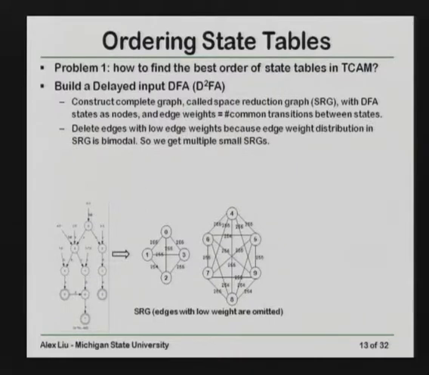Basically we build a complete graph. Every node in this graph is a state ID, and the edge weight is the number of common transitions between these two states. The distribution of the common transition weights is bimodal: either very small, less than 10, or very big, more than 180.